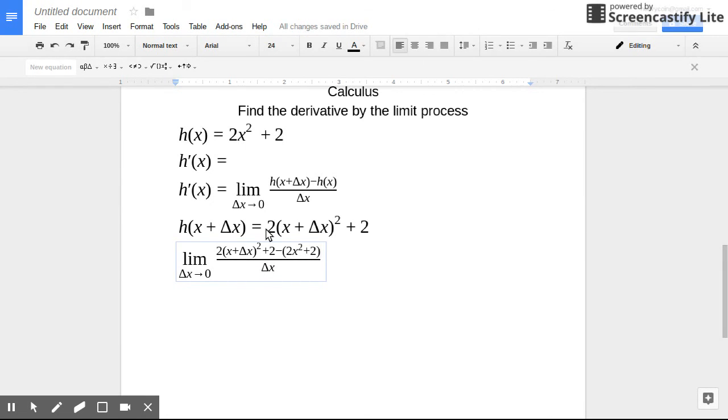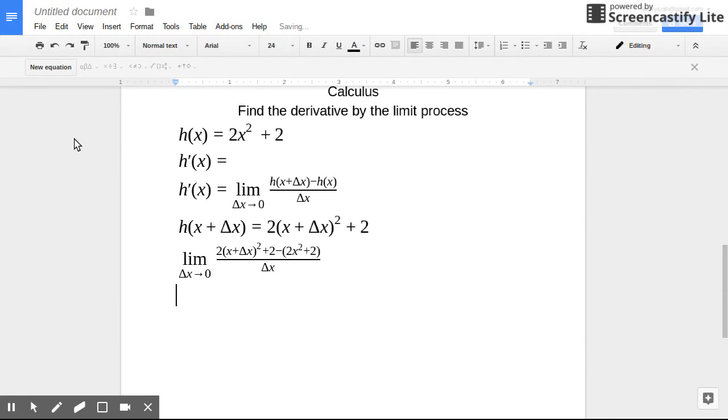And we're going to want to simplify this out, and that means we need to multiply this out because it's squared. I'm not going to go through all those steps like I did in the previous problem, but I'll do a little bit of it.